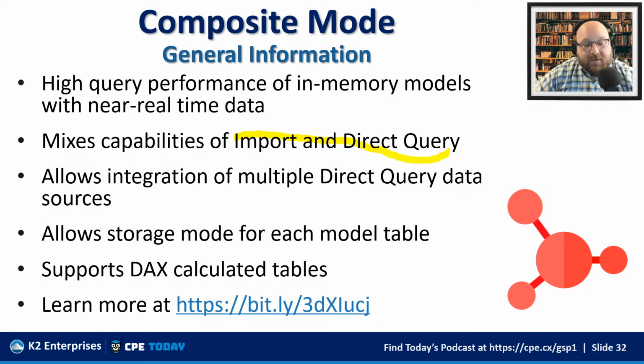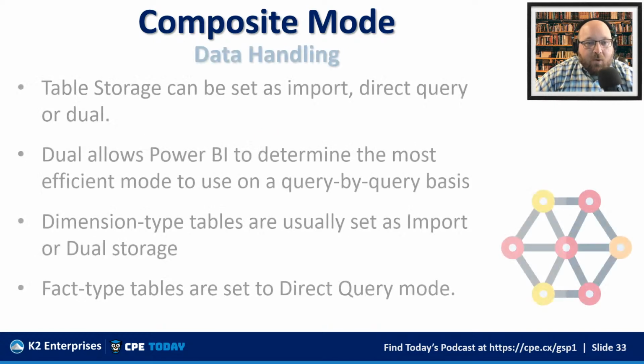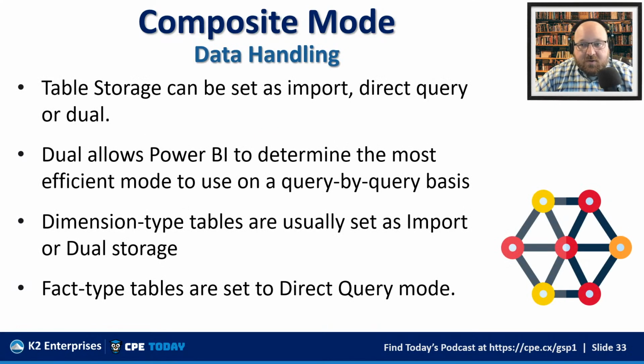As an example, if you're just using direct query, as we mentioned, you can't really use a lot of DAX formulas. The composite mode will allow you to use those. Now, what's really cool is that you can also set this up on a table by table basis. So it's not like your entire PBIX file is one or the other. You yourself can choose what method to use depending on what data you are using.